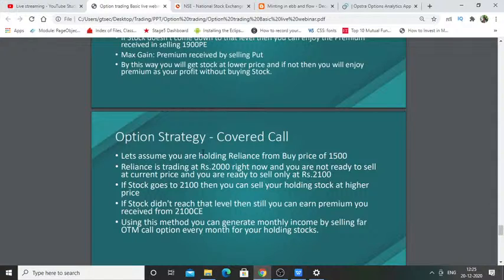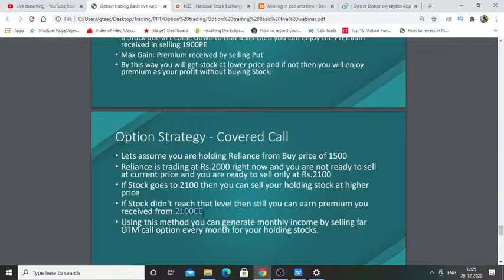If the stock reaches 2100, then you can close both your 2100 call option as well as your holding stock. And if the price doesn't reach that level, you will enjoy the profit of whatever premium you collected from the 2100 call option, because the stock price doesn't reach 2100, so the 2100 call option will expire worthless, which means it will expire at zero.